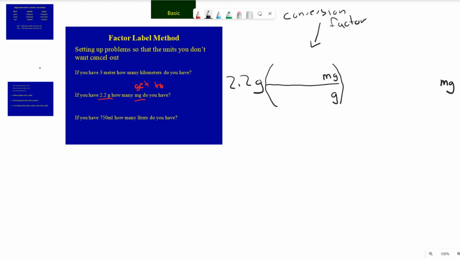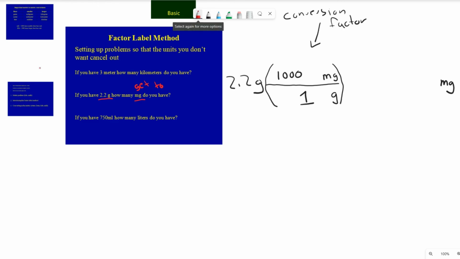Well, milligram is really small. It's 1,000th of a gram. Compared to a milligram, the gram is the big one. So put that as the 1. Then the milligram, you need 1,000 of those milligrams to equal 1 gram. So now we have our units set up so that they'll cancel out, and we have our numbers set up so that we know what to divide by and what to multiply by.